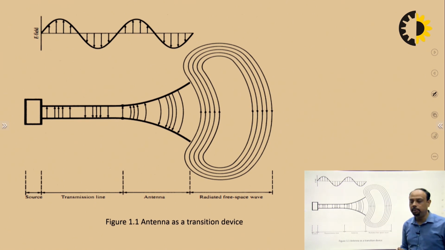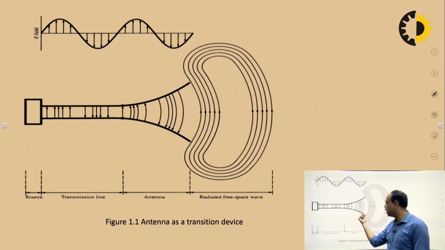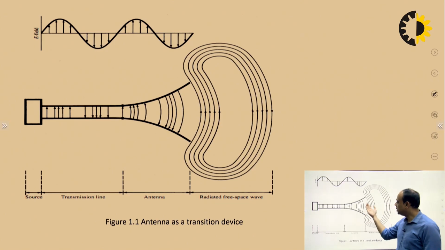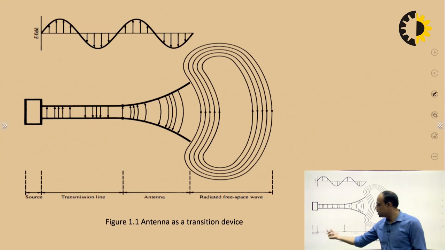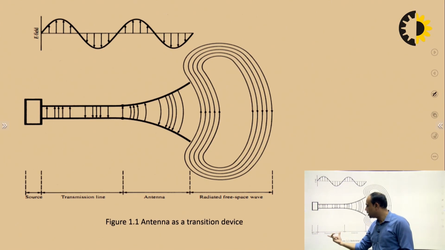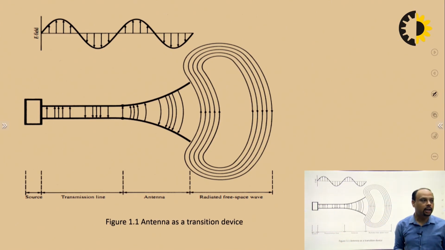So when the impedance is matching due to this flaring out, then the signal starts transmitting into free space. So this is the source where the signal is generated. This is the transmission line. It may be a twisted wire cable or coaxial cable or a metal tube that is known as a waveguide.